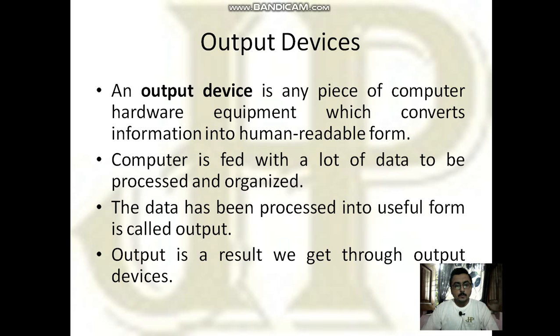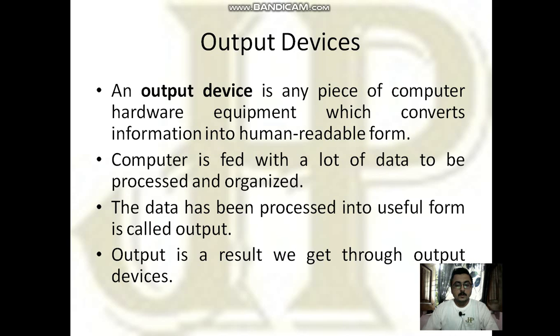Whereas an output device is any hardware equipment which converts information into human readable form. Okay? Whatever data are processed by the computer, the information is still in the form of 0 and 1.